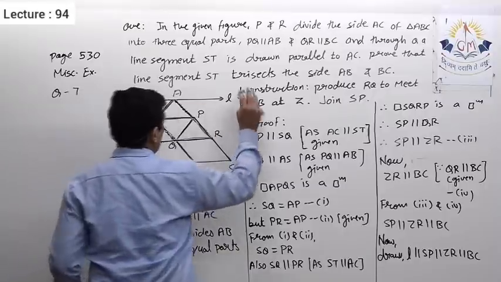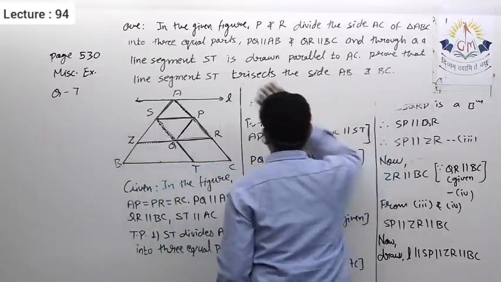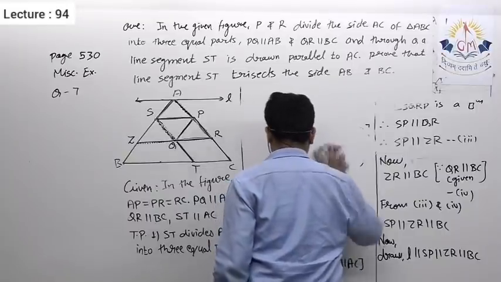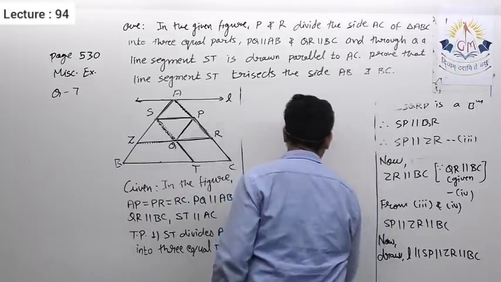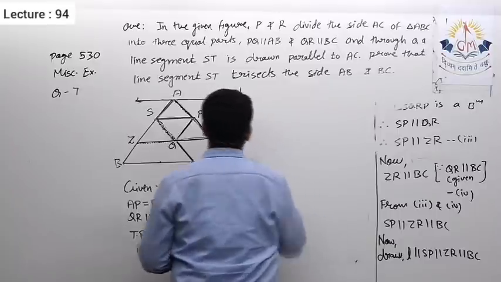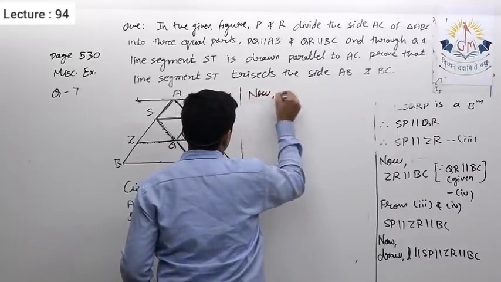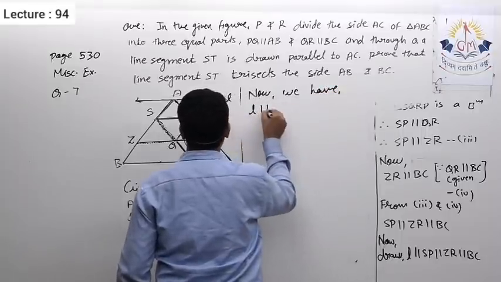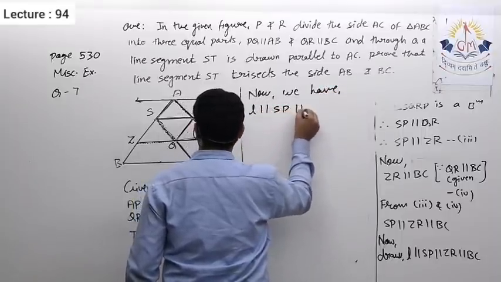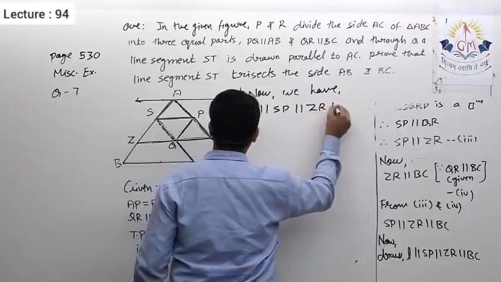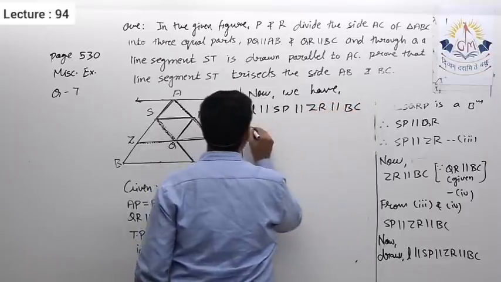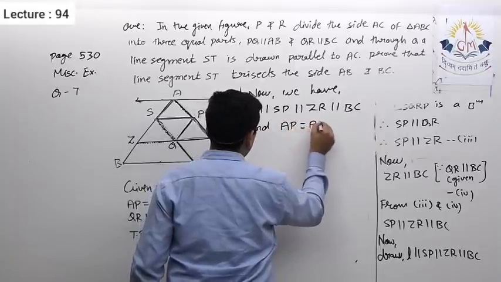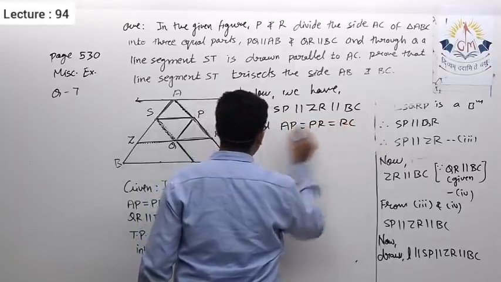Okay, so next we will see over here. It is almost done. Now we have L parallel SP parallel ZR parallel BC and AP equal to PR equal to RC.